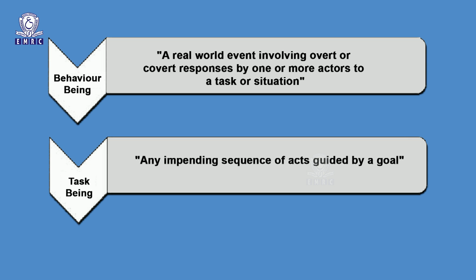Both behavior and task involve a complexity of events. Each of these may be used as an independent variable. Of course, consideration of a variable as an independent one depends upon the researcher's interest or the nature of the research problem.